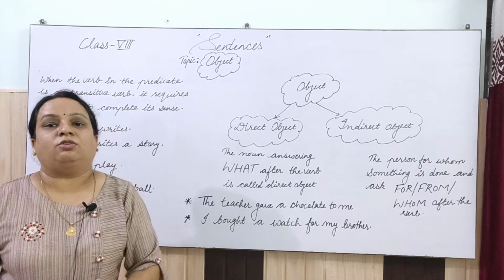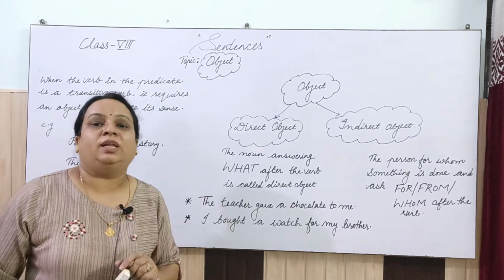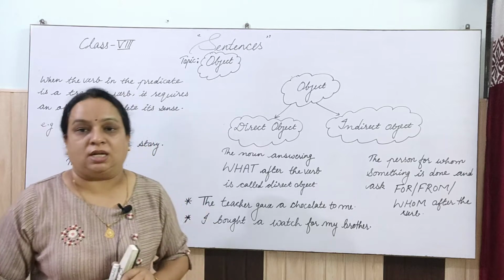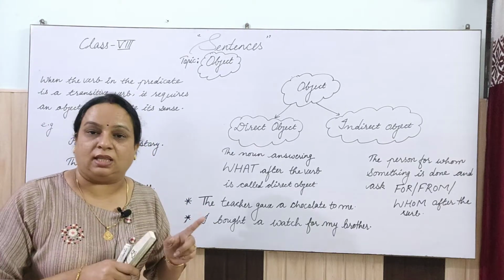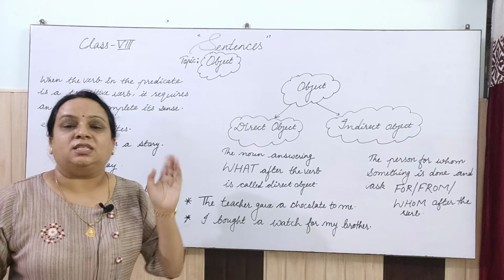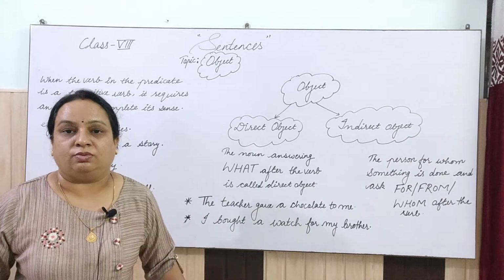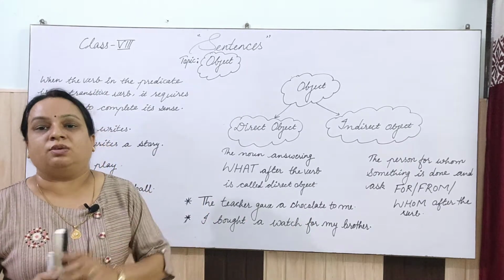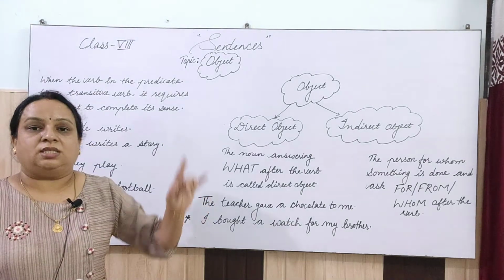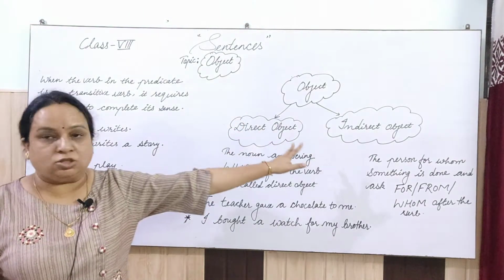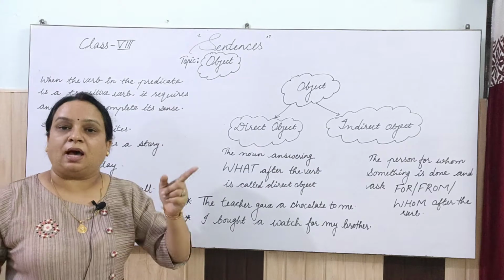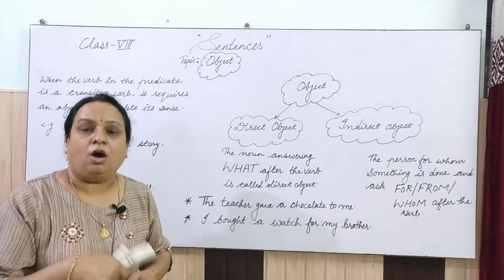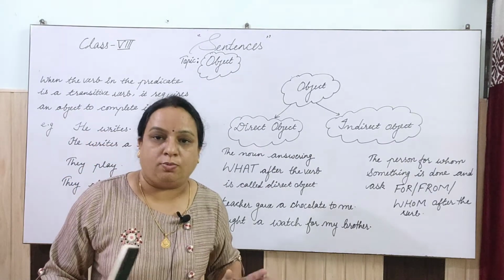But before that, I want to tell you where you will get the object in the sentence. It is just after the verb. In a sentence, there may be both kinds of object, or it may happen there is one object, or it may happen there is no object.